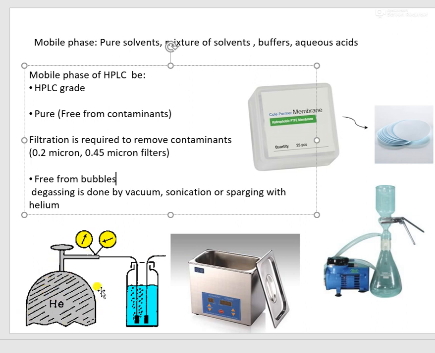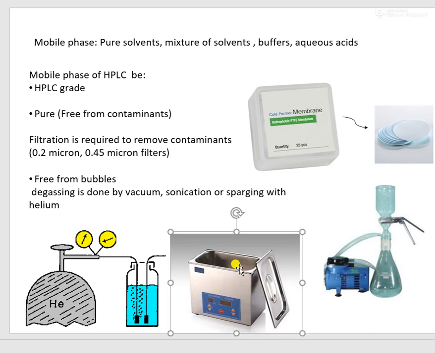In this diagram, helium gas is passed through the mobile phase reservoir to remove any air bubble. Another technique is to sonicate the mobile phase. I hope you know the principle behind sonication, where ultrasonic sound energy is used to break the air bubble.